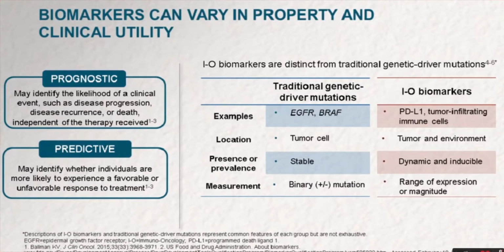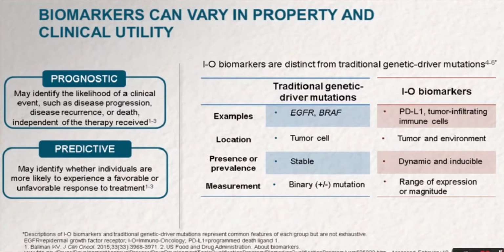Immuno-oncology biomarkers are different from traditional genetic driver markers that many oncologists and pathologists are familiar with. On the left, we can see examples of the traditional genetic driver mutations such as EGFR and BRAF, where mutations in these genes can qualify a patient for specific targeted therapy.